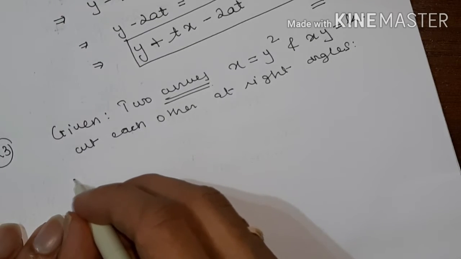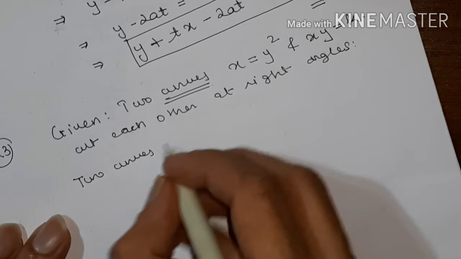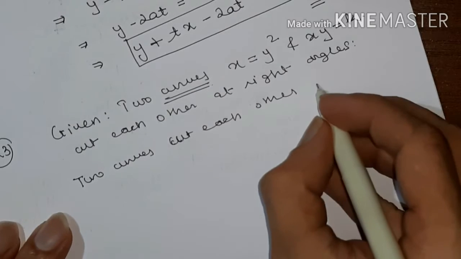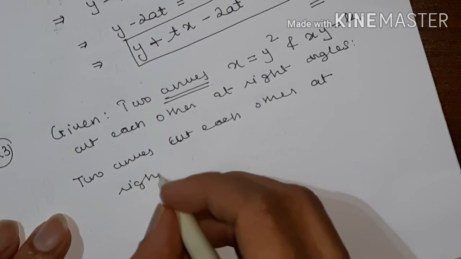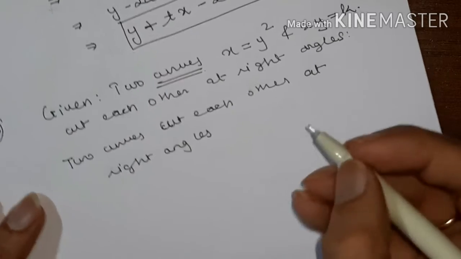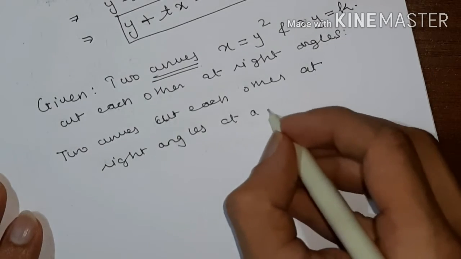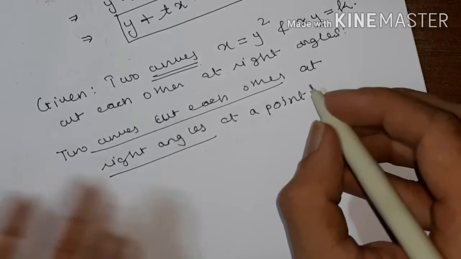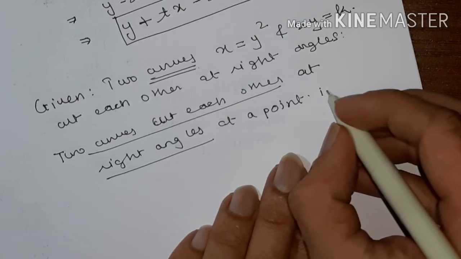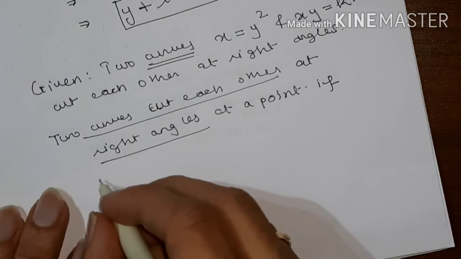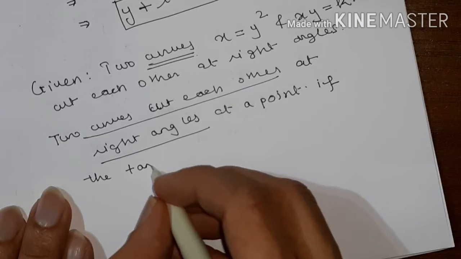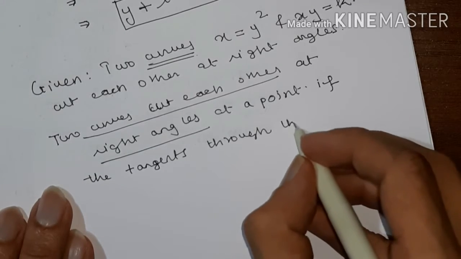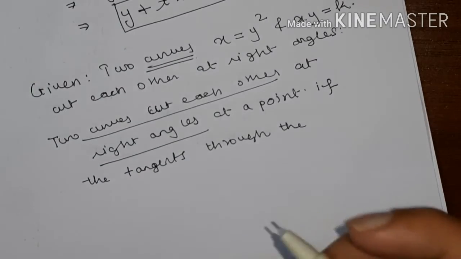Two curves cut each other at right angles at a point. We have to talk about this at the point, the intersection point, that is also important.